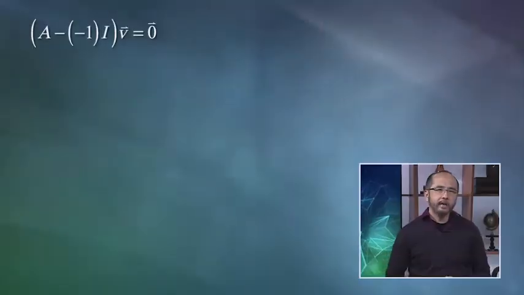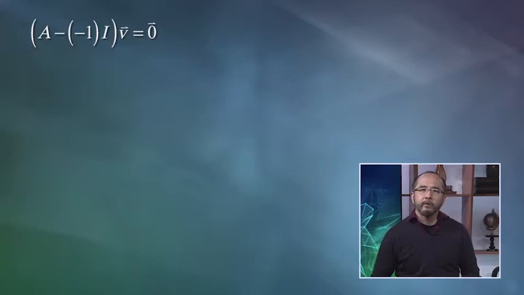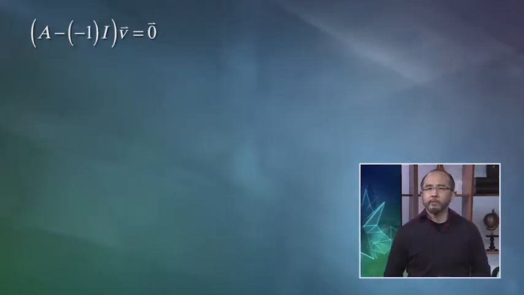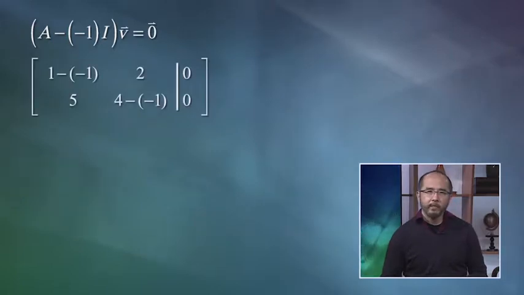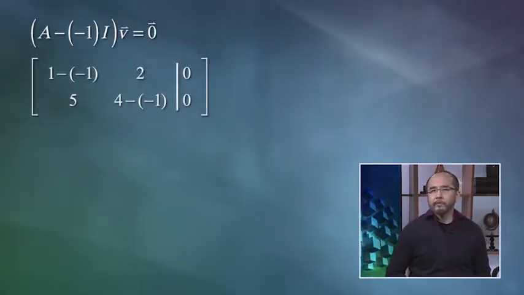What about the eigenspace associated to the eigenvalue minus 1? Well, in this case, the matrix A minus lambda I becomes A minus (minus 1) times I. And we want the null space of this matrix. Once again, we can solve this by augmenting A minus (minus I) with a column of zeros.